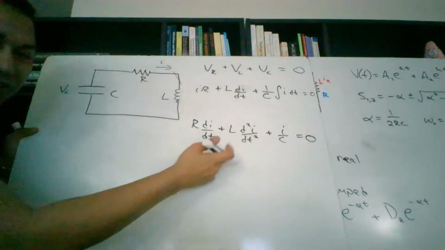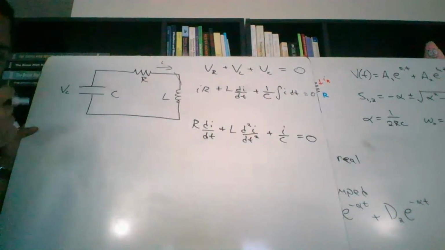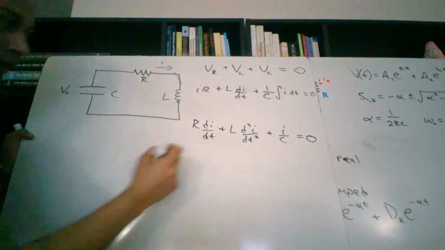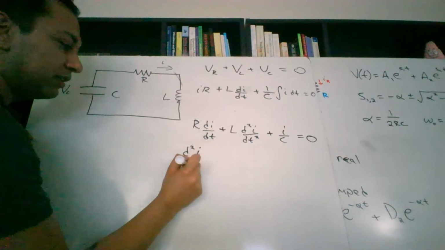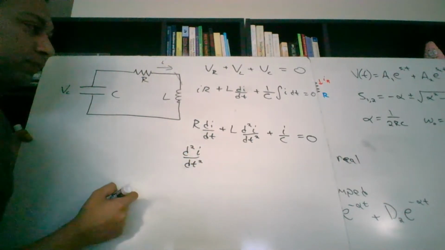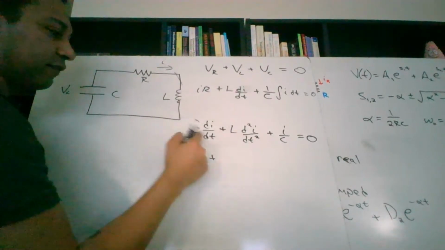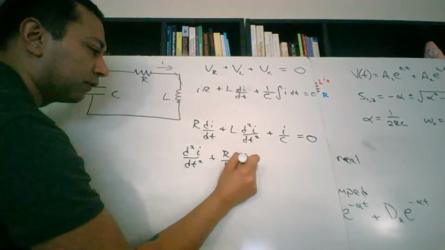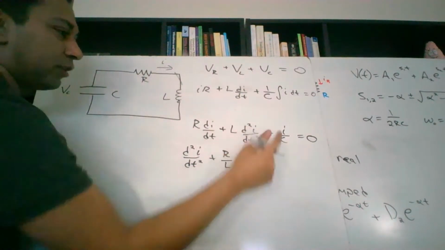And then the last thing to do is just rewrite this so that there's no coefficient on the leading derivative or the highest derivative order. And so that will become d squared I over dt squared is going to be plus R divided by L di over dt plus this term right here.